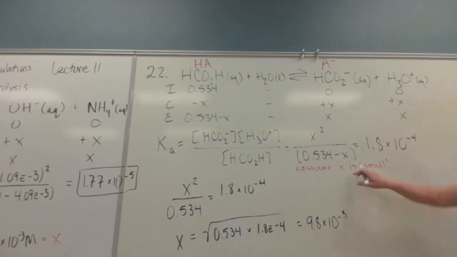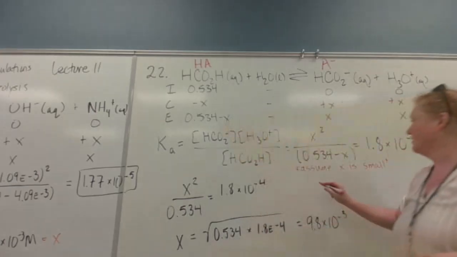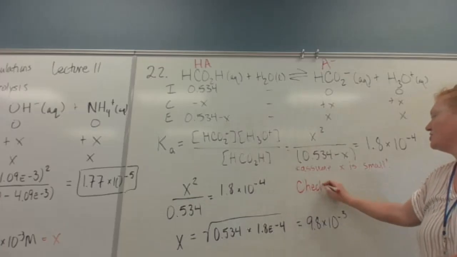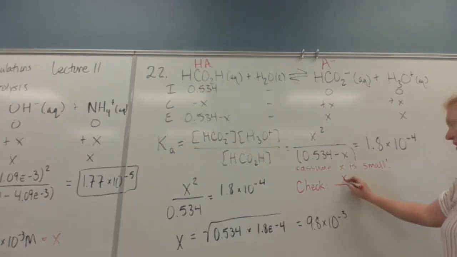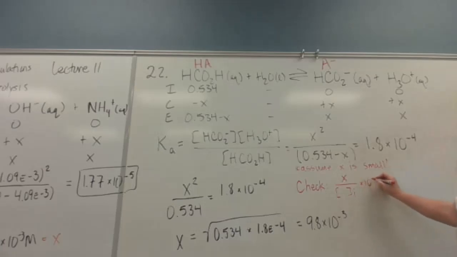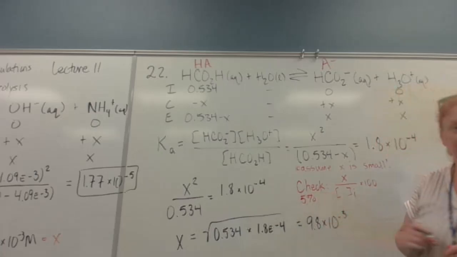Okay, check your assumption. How do we check? We take our x value and divide it by whatever initial concentration I was given, times 100. Look at it as a percentage. If it's less than 5%, then this was a fine assumption to make.